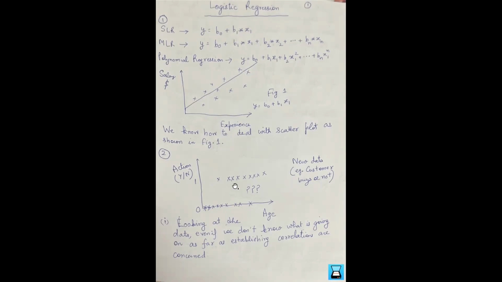Now you see, this type of data has decisions that are only yes or no. So what is there in between 1 and 0? If you try to model this data using simple linear regression, that will not be very effective.